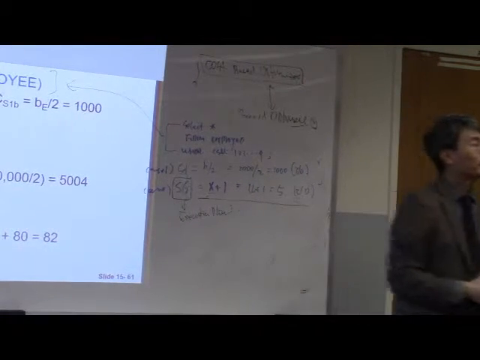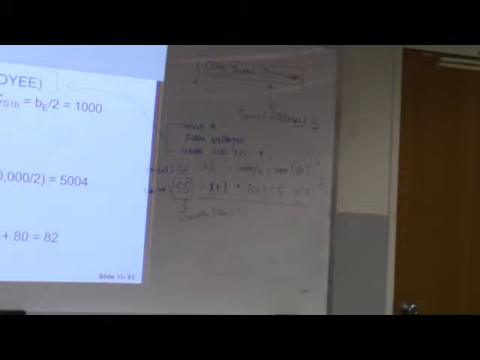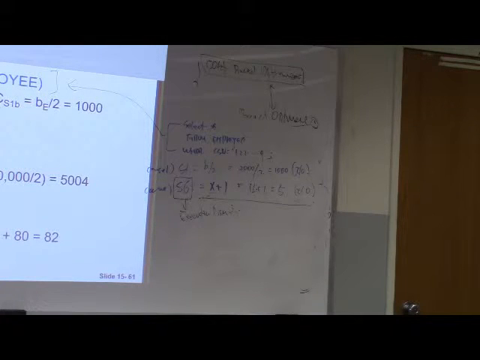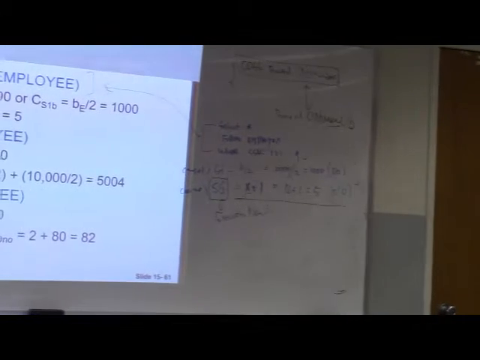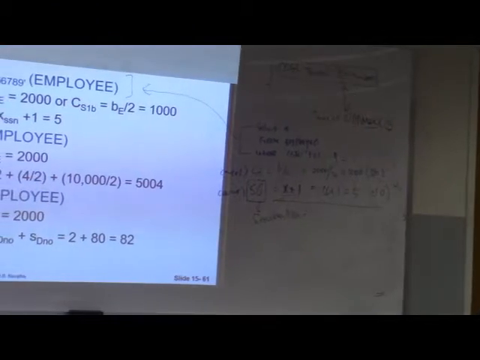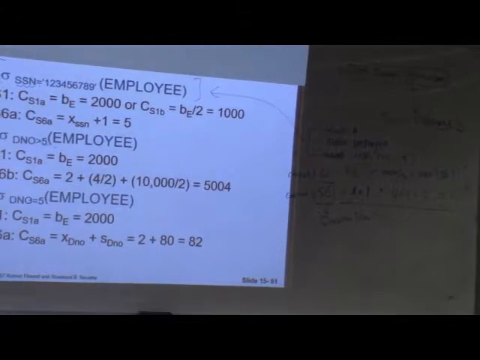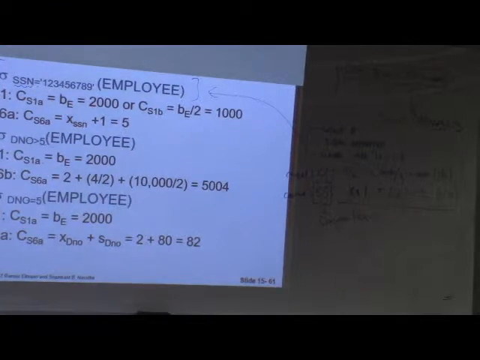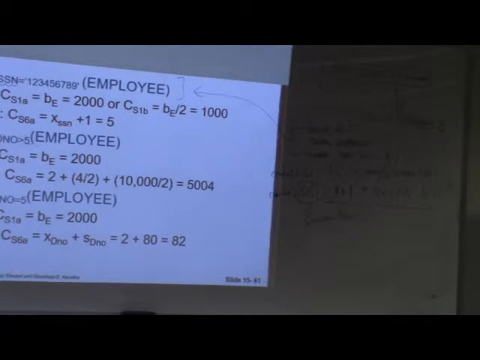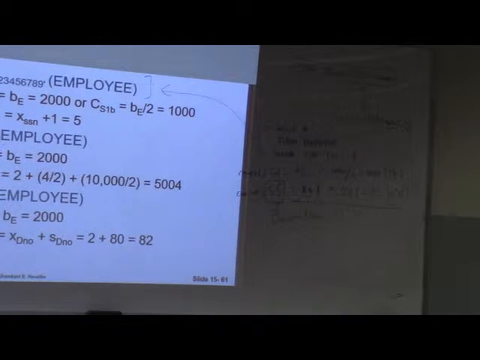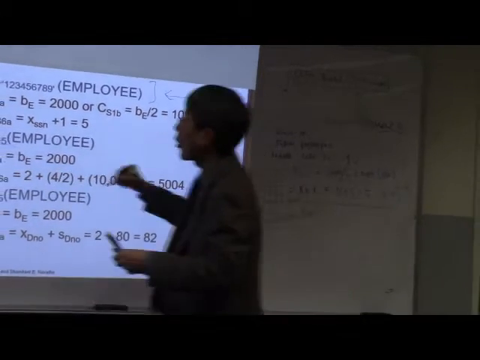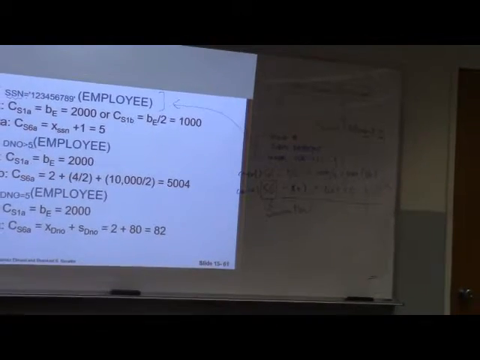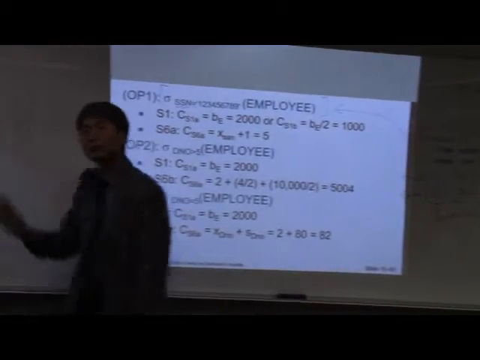Professor? Yes. Why can't we use the primary index? Primary index is only for a sorted, ordered file. Okay, so don't be confused. Primary index and primary key are different. Primary index means for the ordered file only. Like for example, name.